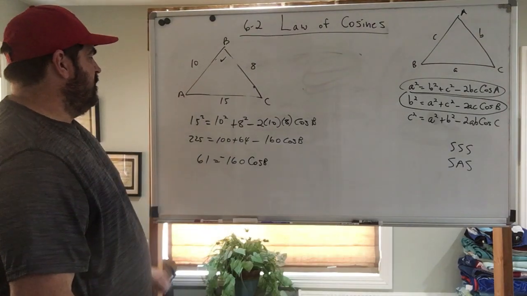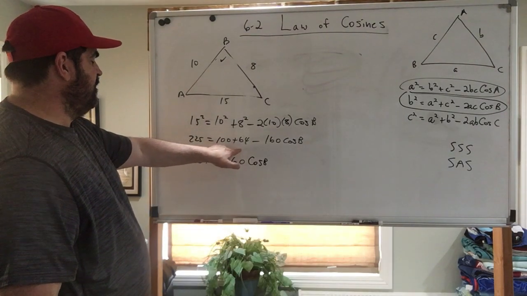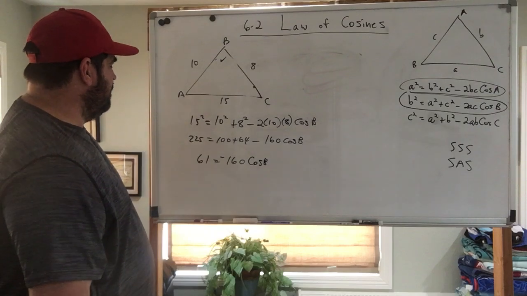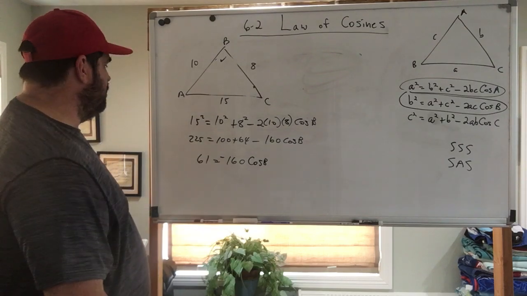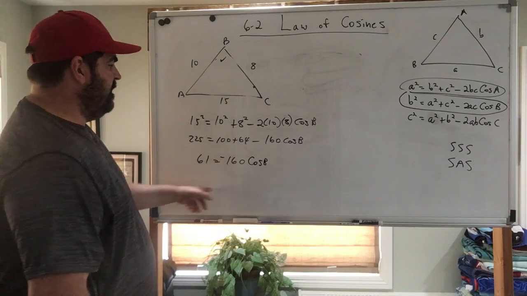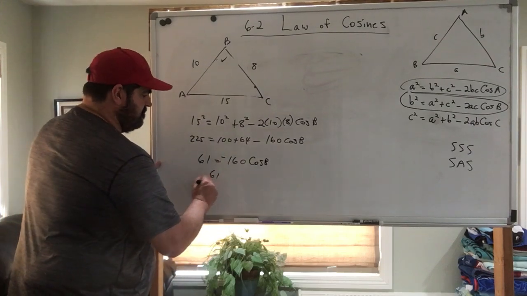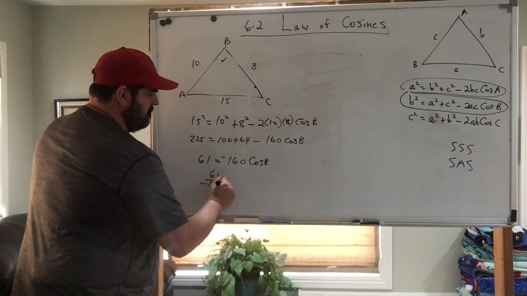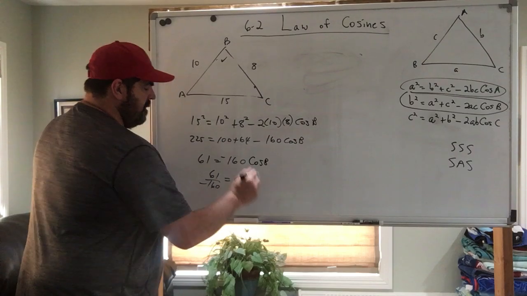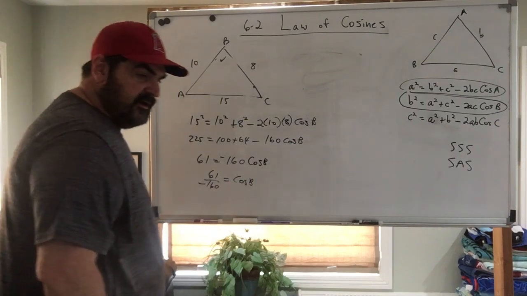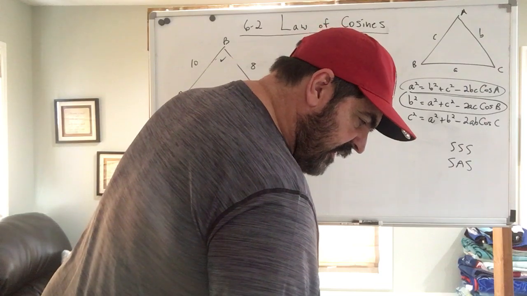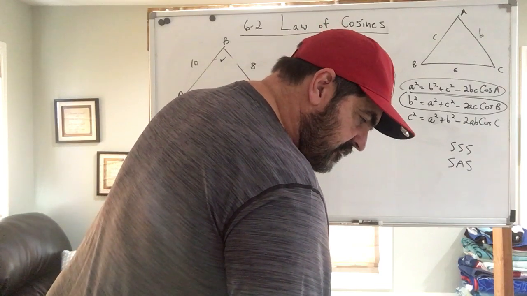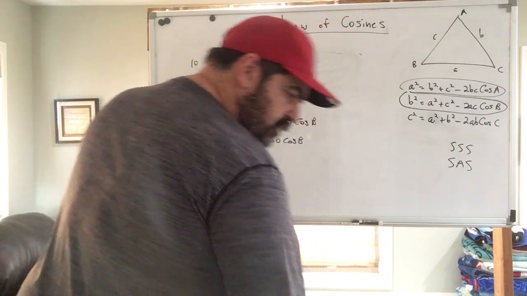So if I subtract this 164 over here, I get positive 61, and then I divide by negative 160. And I push that into my calculator. I did it before, hopefully I don't have any errors there. 112.4.